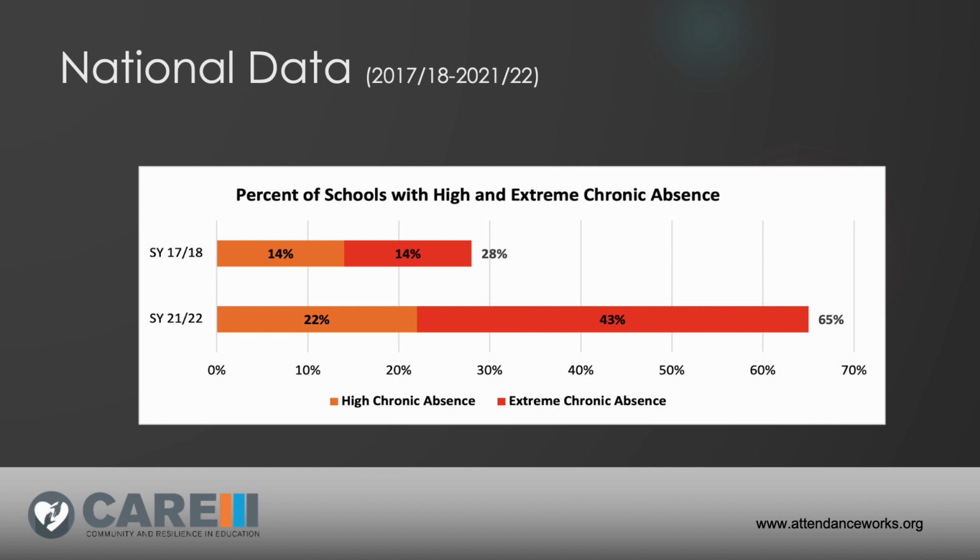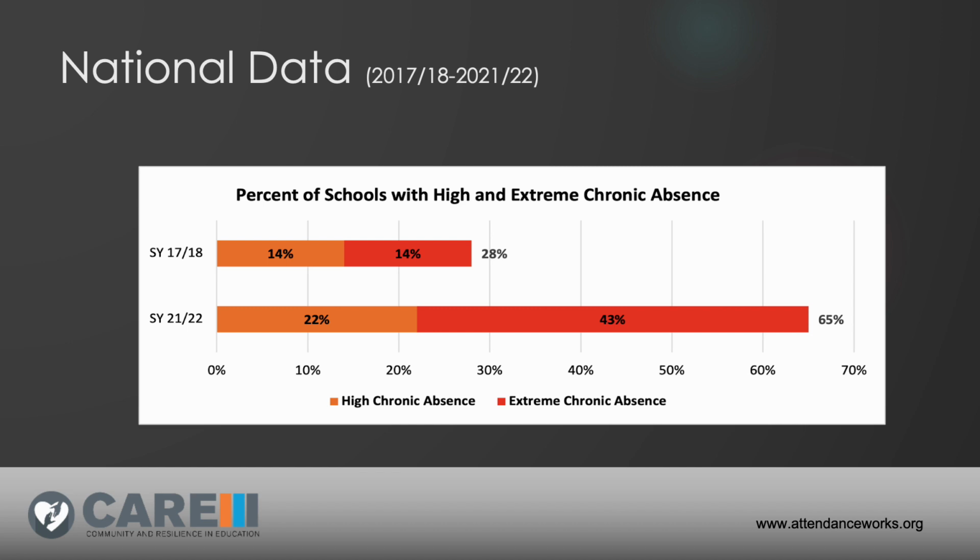So let's take a look at the data around chronic absenteeism. We know that COVID-19 definitely negatively impacted attendance at school, and we're still recovering from those absenteeism numbers. Let's take a look at the pre- and post-pandemic data on a national level. In the school year 2017-2018 compared to 2021-22, we see the numbers have more than doubled for chronic absenteeism.